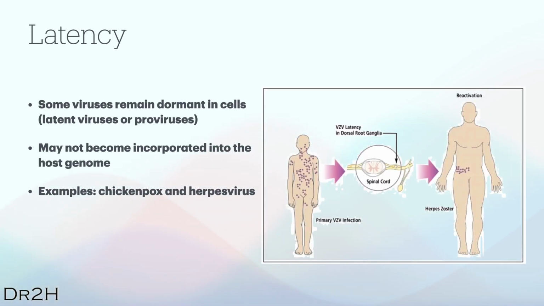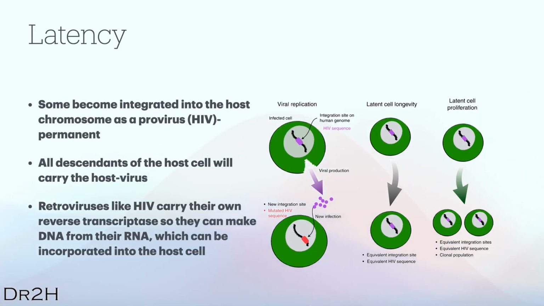Some viruses, however, can enter a latency stage during their viral cycles and remain dormant in cells. For example, chickenpox and herpes viruses lay dormant by hiding in host cells. In this case, they do not become incorporated into the host genome.